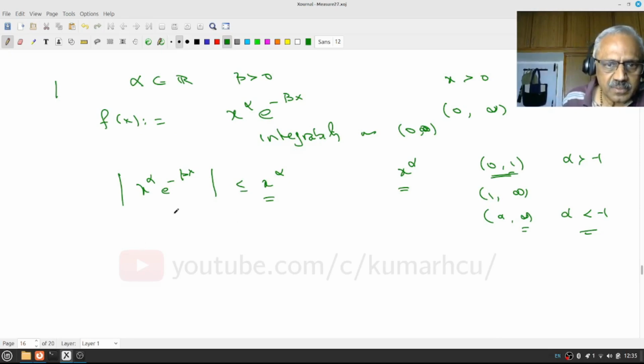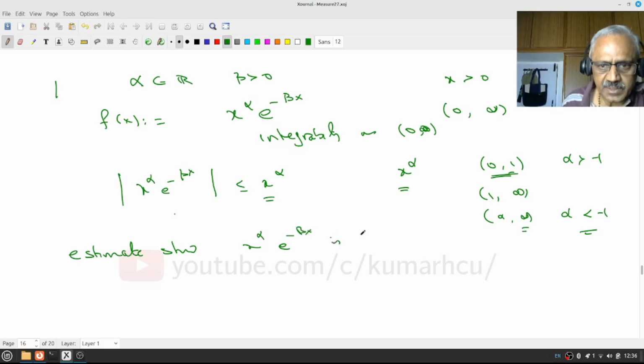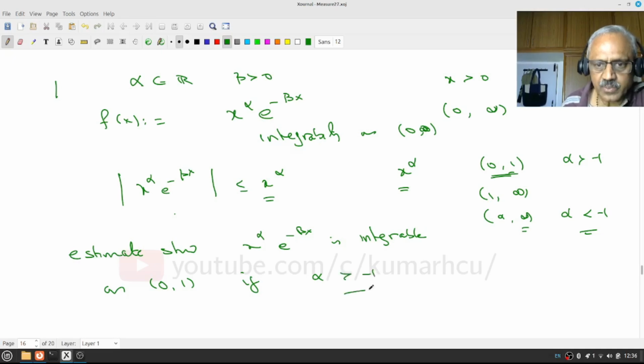So this estimate shows that x to the power alpha e to the power minus beta x is integrable on 0, 1 if alpha is greater than minus 1. Because x to the power alpha is integrable there, and this function is continuous and hence measurable, it is bounded by an integrable function.